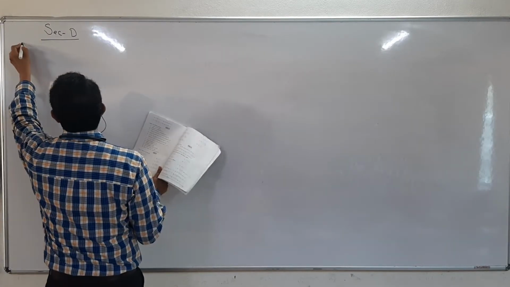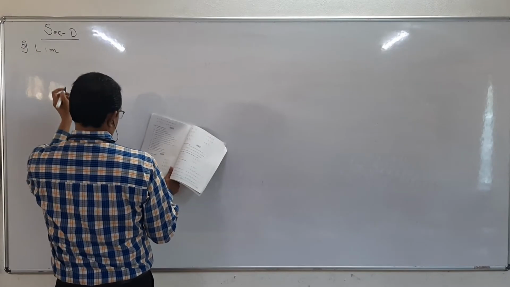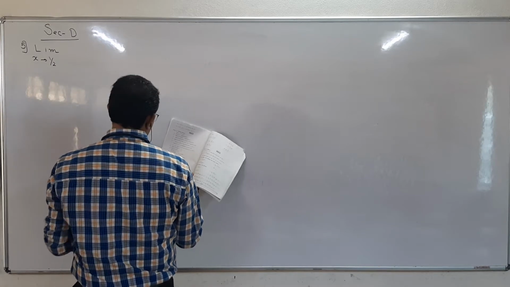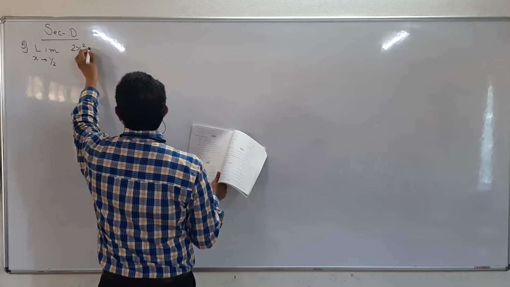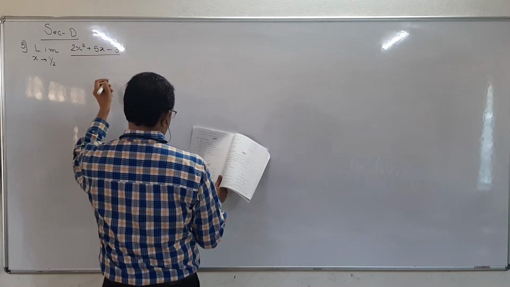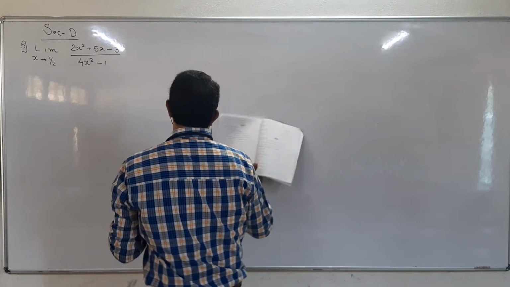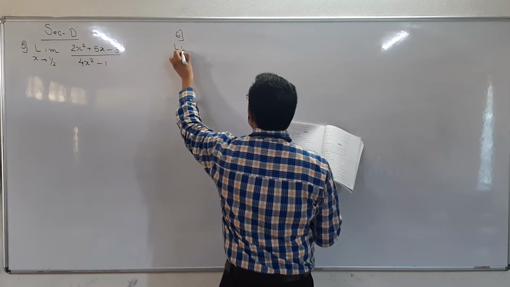Now I am writing question number 5. Limit x tends to 1 by 2, 2x square plus 5x minus 3 upon 4x square minus 1. Then I am writing 6th sum.